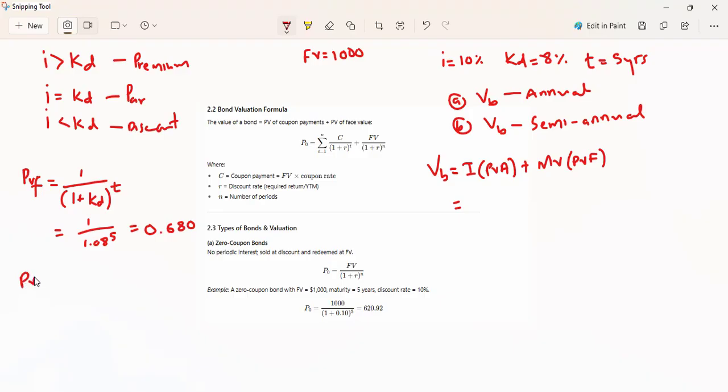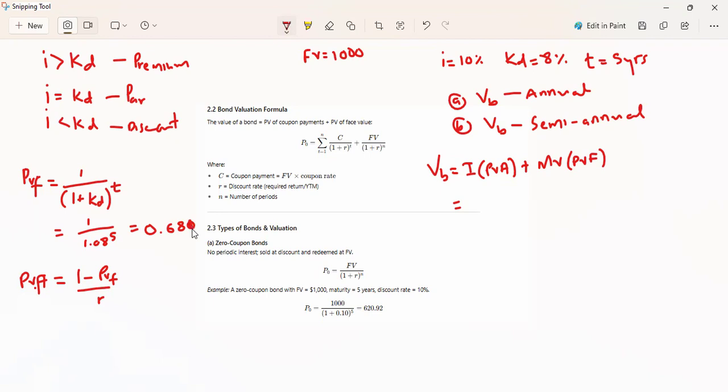So we can put 0.681. Okay. 0.681 is our present value interest factor, and the annuity factor is simply 1 minus PVF, over R.